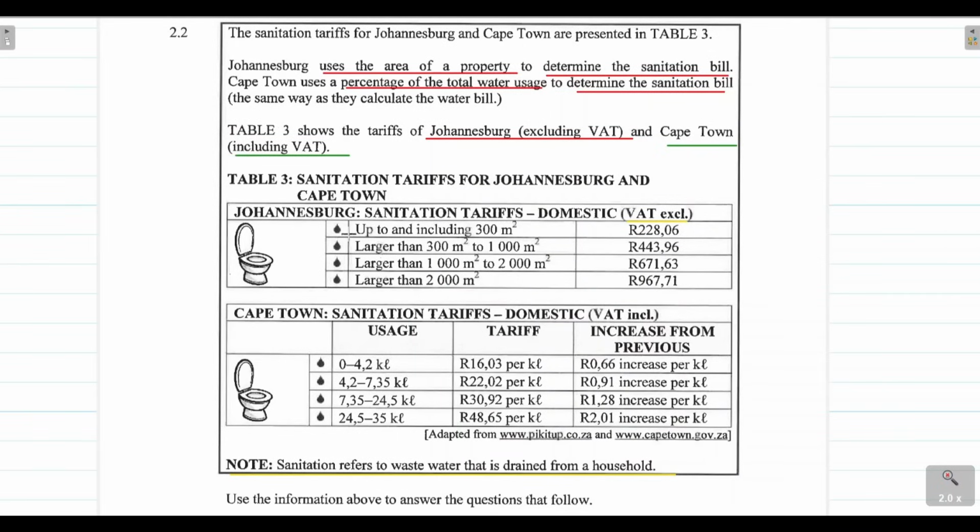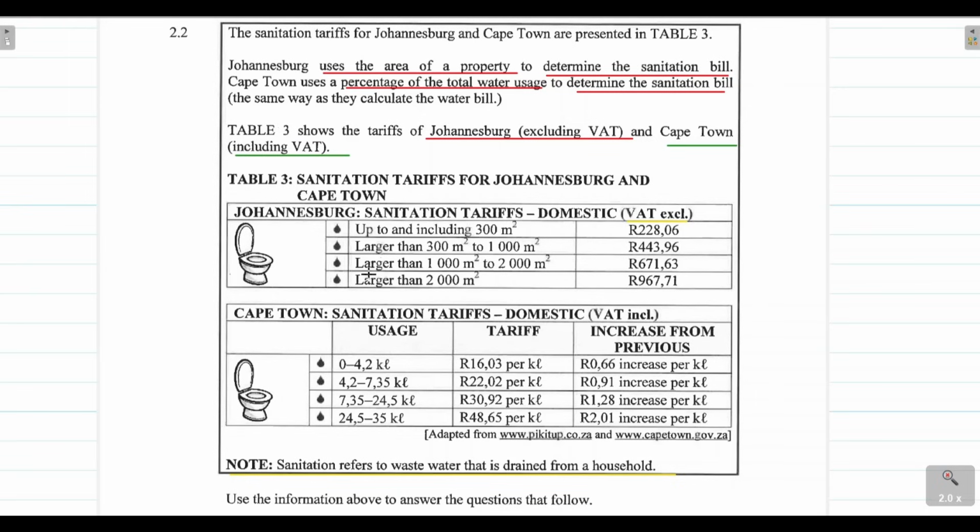Then we are told here if your property is up to and including 300 meters squared, you pay 228 rand and 06 cents. If your property is larger than 300 meters squared, so if your property is actually between 300 meters squared to 1,000 meters squared, you pay a sanitation tariff of 443 rand and 96 cents.